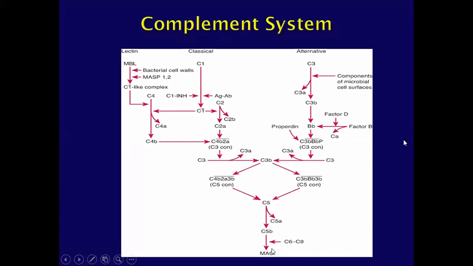This is the end product of complement system activation, the formation of the membrane attack unit or membrane attack complex. The MAC or MAU is responsible for the lysis of the cell.